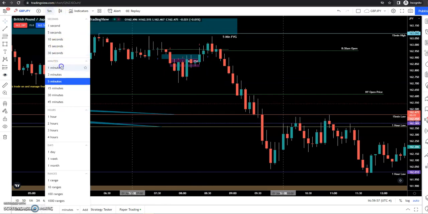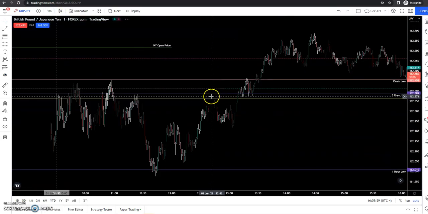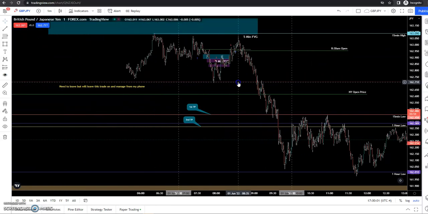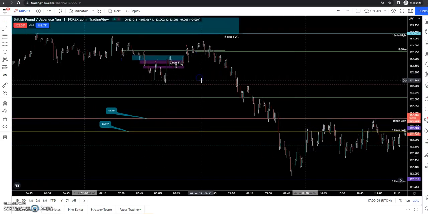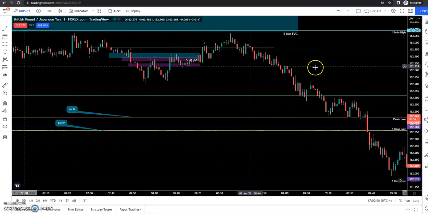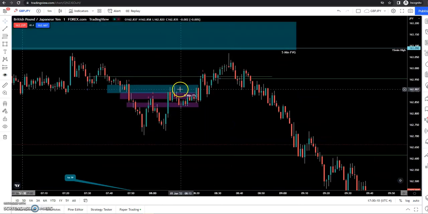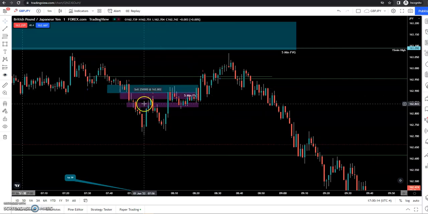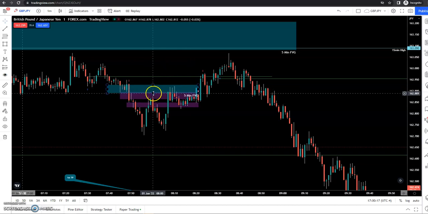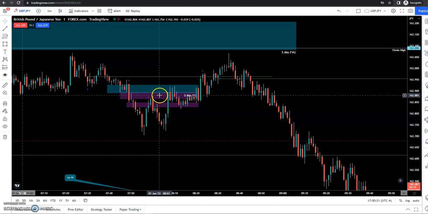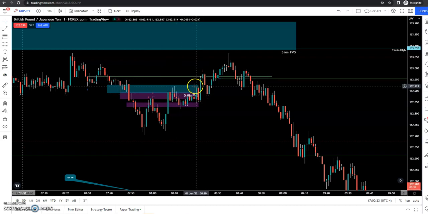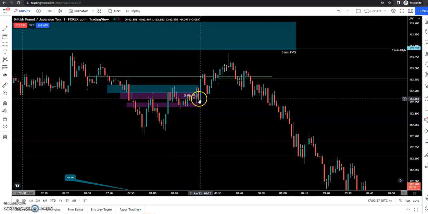But if I go down into the 1-minute chart, you'll see exactly when and where this had happened. So there's a 5-minute fair value gap, and I had entered there, which is the 3-minute fair value gap, here for this one, here for this one, and then here for this one, thinking that we weren't going to go any higher.